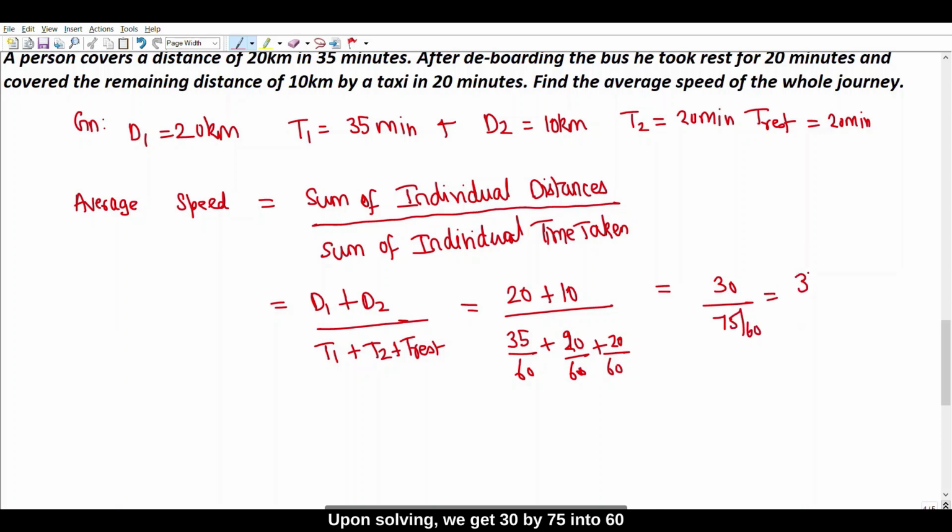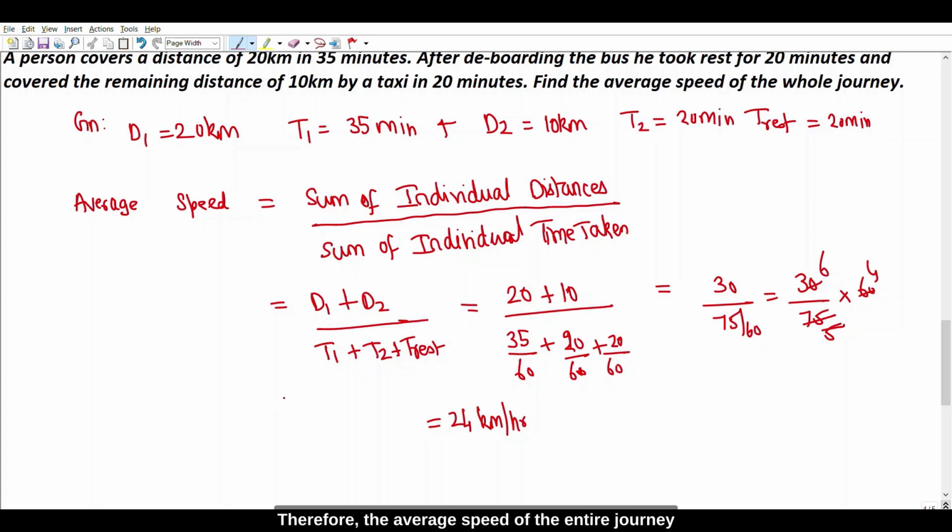Upon solving, we get 30 by 75 into 60, which is equal to 24 kilometers per hour. Therefore, the average speed of the entire journey is given as 24 kilometers per hour.